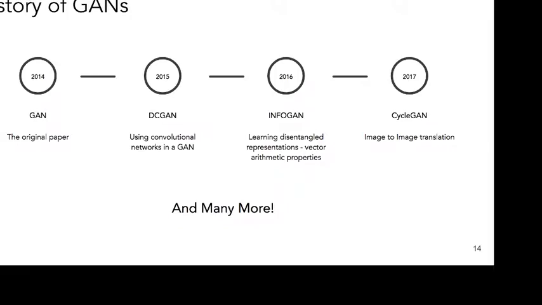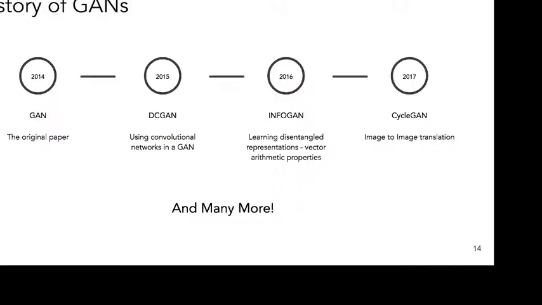So, sort of the history of GANs. In 2014 was the original GAN paper, and that described the most basic case of just you have this discriminator and this generator, and they're battling each other. In 2015, we have DCGAN, which is a deep convolutional GAN, and so it basically is again using convolutional neural networks, so it could be applied to images.